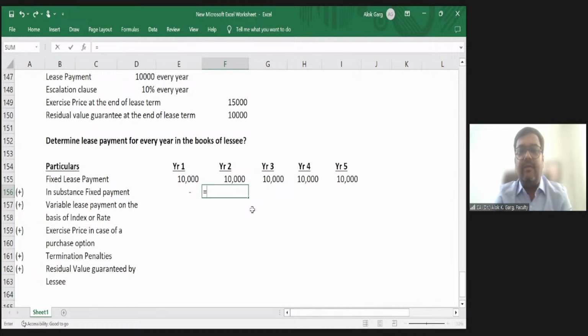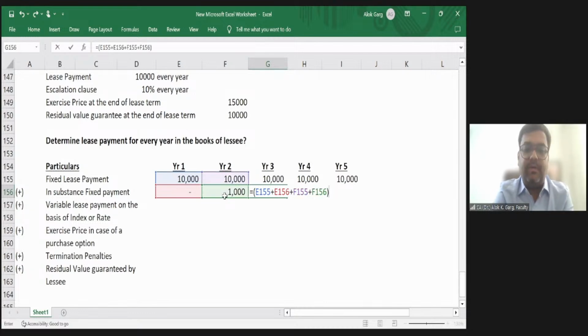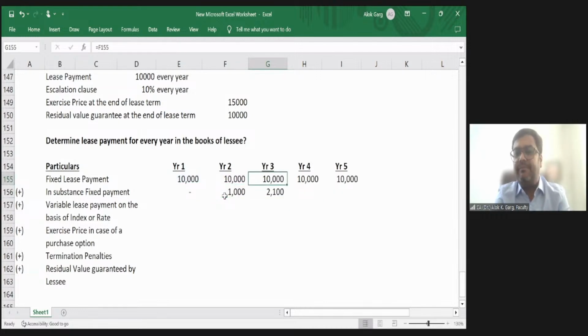In the second year, it is 10% multiplied by 10%, right? It will be increased by 1,000. Here the rent is 10,000, here 11,000. Sorry, it should not be that.